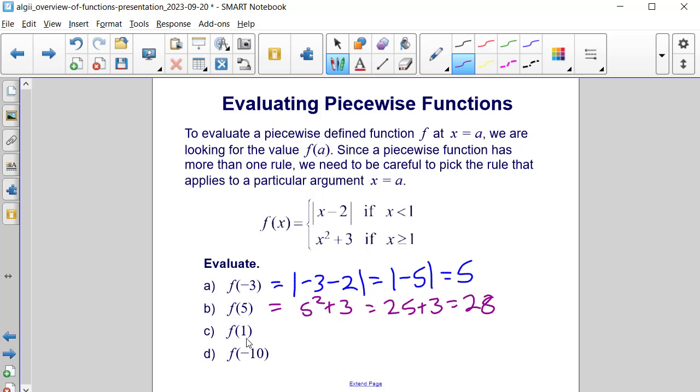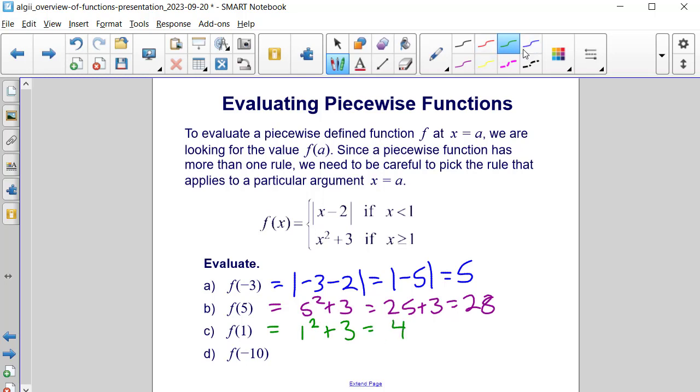Now if we look at our third piece, we're finding the function value at 1. Well, wait, 1 is included in both of these conditions. But the question is, where is x equal to 1? It's in the second condition. So we're going to substitute 1 in for x in our second condition, so that's 1 squared plus 3. So that's going to be 1 plus 3, which is 4.